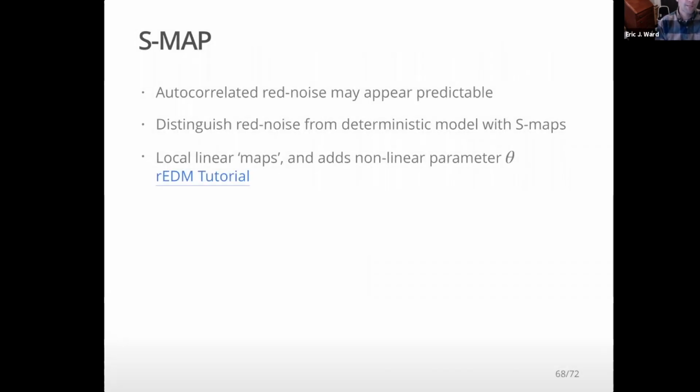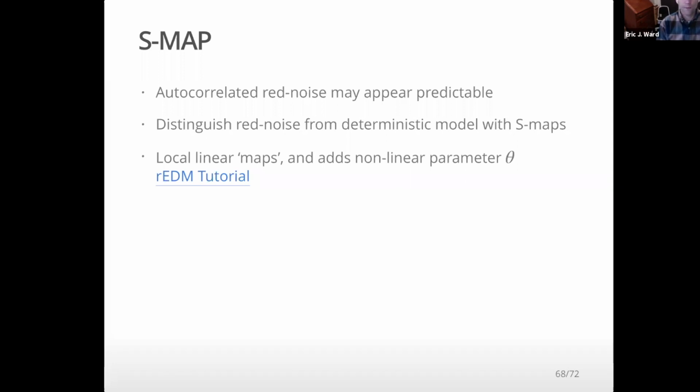The benefits of SMAP are that if you have a time series influenced by, say, autocorrelated noise, you might apply methods like Simplex, and it might look pretty predictable when in fact it's just noise. So with SMAP, the goal is to separate out that red noise, that correlated process variance, from some underlying process that we care about.